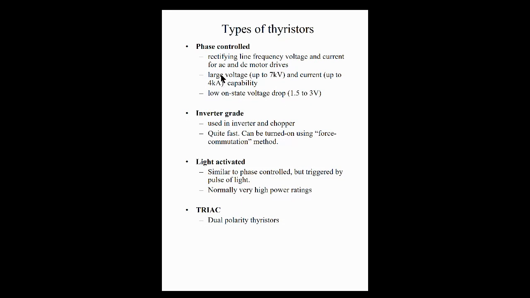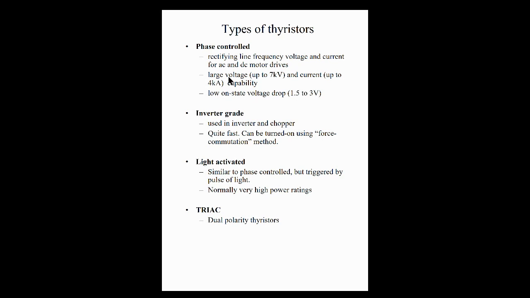However, it can handle quite a large voltage, as high as 7 kilovolts, and current can go as high as 4 kiloamperes, right? So where you'll find applications of this is basically AC and DC motor drives. That's where you actually find this type of thyristor.